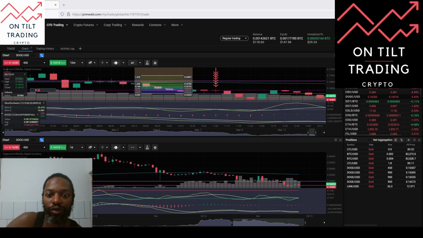And we can see here we get a slow K crossover, even down here at the overbought level. So this invalidates this idea of potential pullback or reversal once this slow K crosses over.